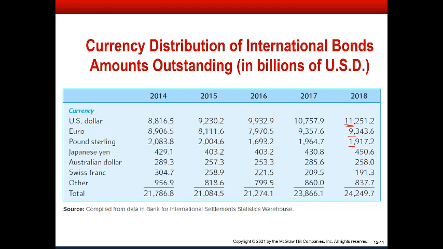Okay, and then a few other major currencies. 25 trillion total, and I'll note that that's larger than the current GDP of the United States. So this is a very, very large market, and remember, this is just companies issuing bonds in foreign countries. So if we added this to domestic debt markets, those are going to be even larger than this. There's a lot of debt out there. There's a lot of capital flowing to multinational corporations through these bond markets.